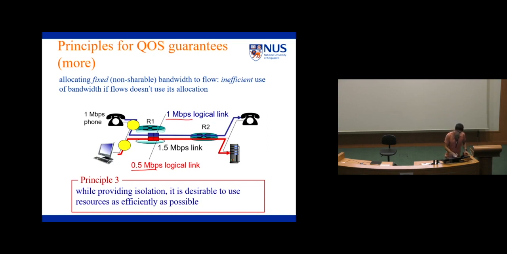And in a web browsing application, this 0.5 megabit per second requirement is not usually constant, because something is downloaded only when you request objects. So this brings us to the third principle: while providing isolation, it is desirable to use resources as efficiently as possible.